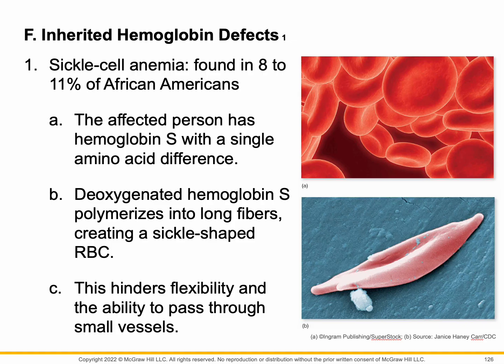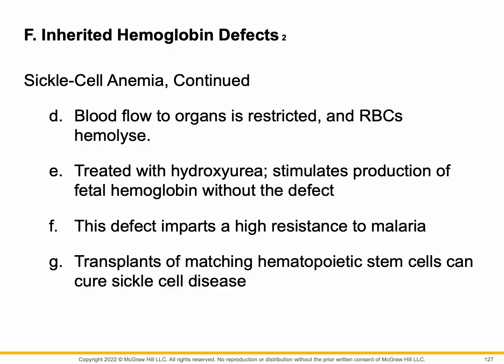This hinders the flexibility and the ability to pass through small blood vessels. So the blood flow to organs is therefore restricted with this sickling of the red blood cells, and the red blood cells then hemolyze, which means that they kind of burst open.